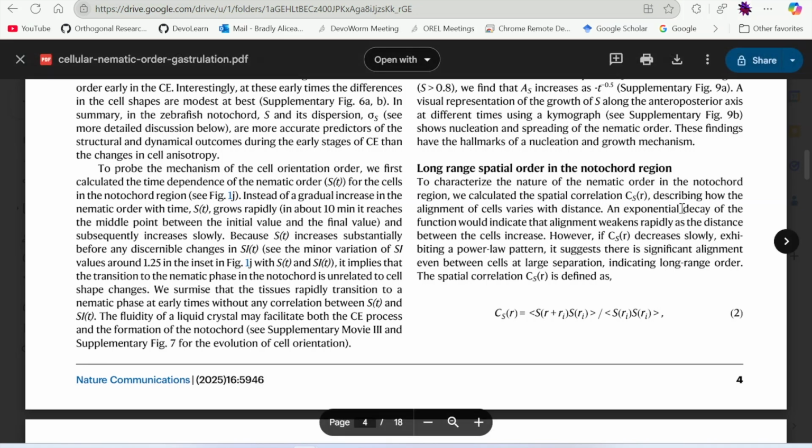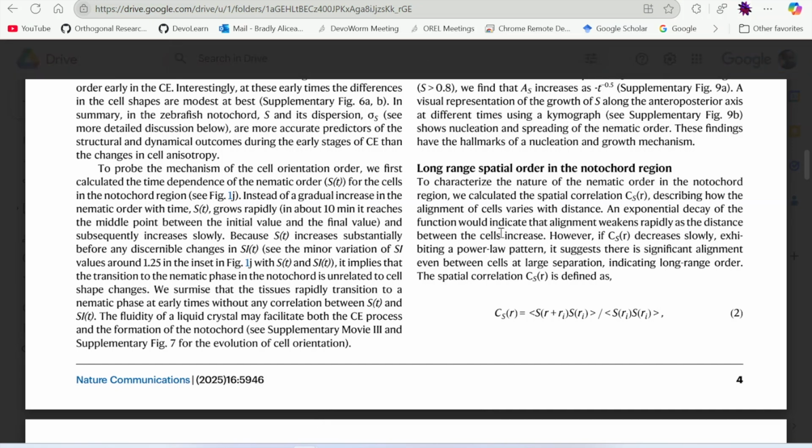So an exponential decay of the function would indicate that alignment weakens rapidly as the distance between the cells increases. So as cells become less densely packed, you might have a rapidly weakening alignment.